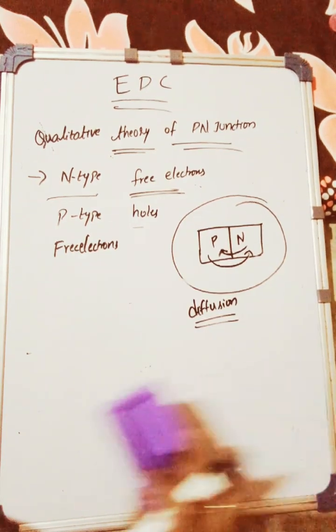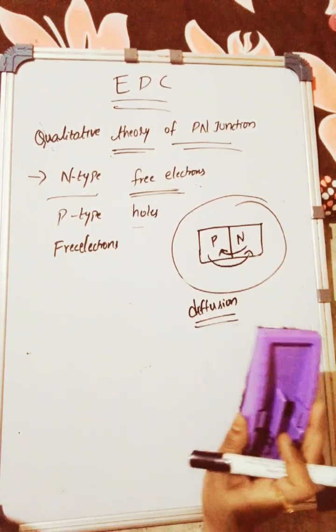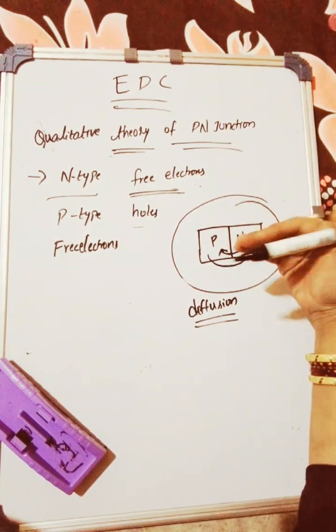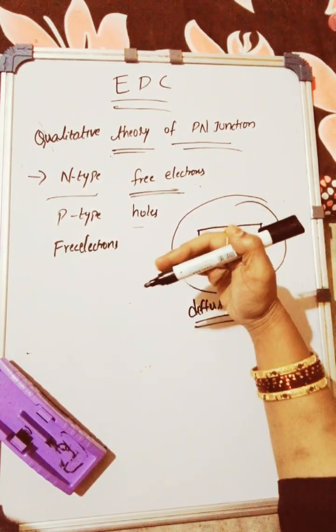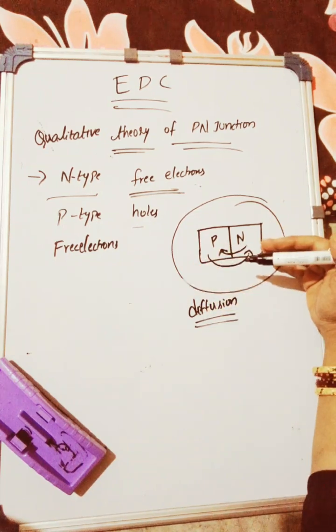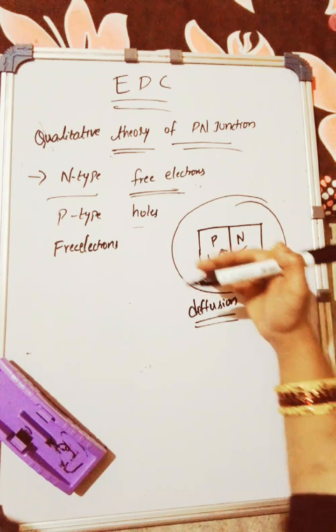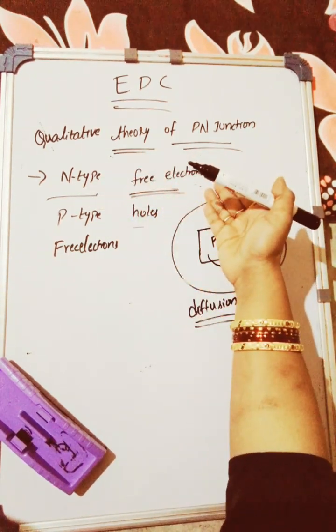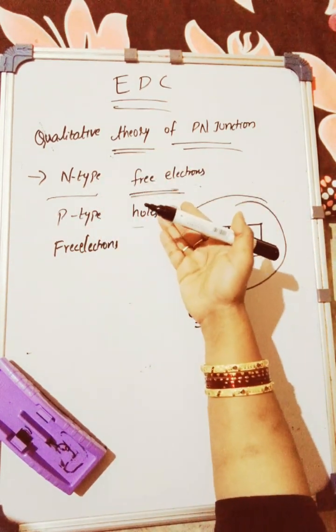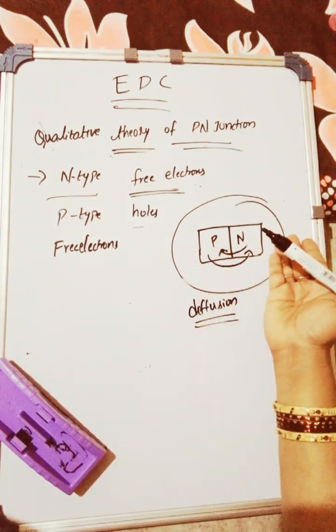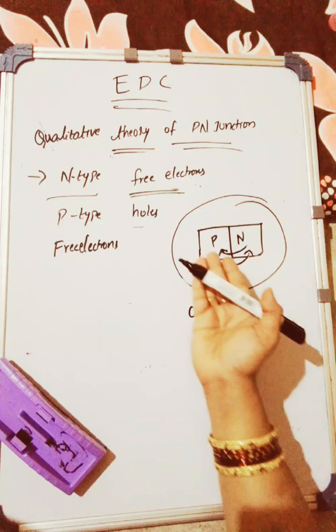Next, let's see. Don't get confused. Till here we discussed what a PN junction is and how it is formed, the majority and minority carriers in p-type and n-type. In n-type there is a higher concentration of free electrons, and in p-type a higher concentration of holes. Diffusion means holes diffuse from the p side to the n side, whereas electrons diffuse from the n side to the p side.